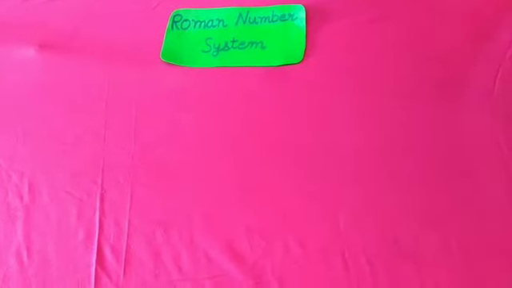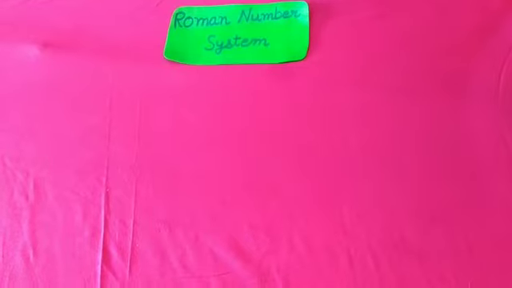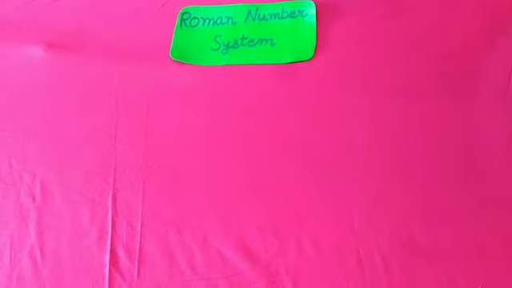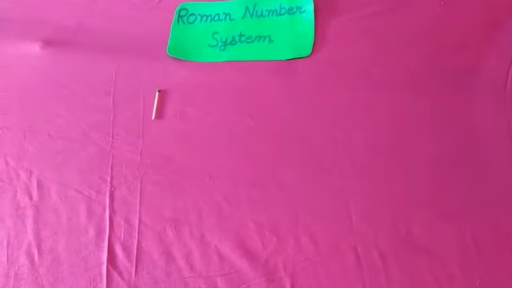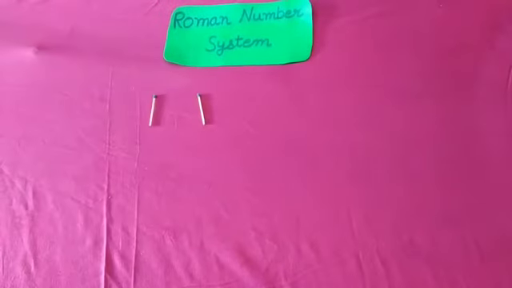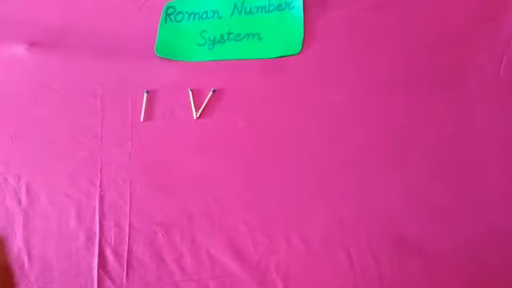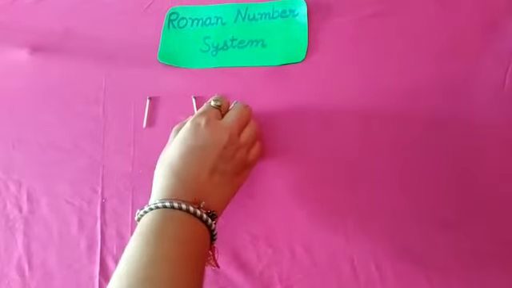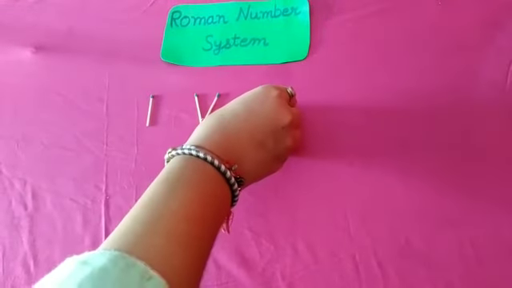So students, there is an activity on the Roman number system for you in your homework. For this activity, you have to use matchsticks. By using matchsticks, you can make symbols of the Roman number system, like I stands for 1, V stands for 5, and X stands for 10.